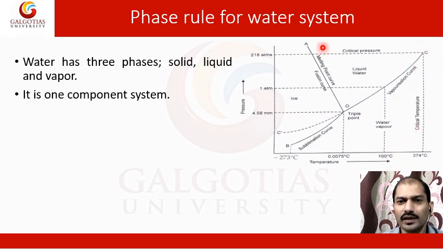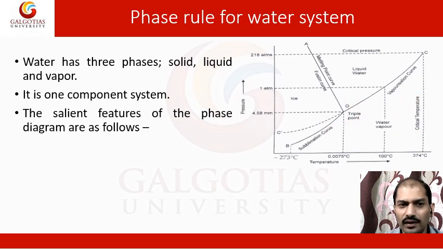You can see that is represented by the dotted line. These different phases can be explained with the help of the phase rule for the one component system.